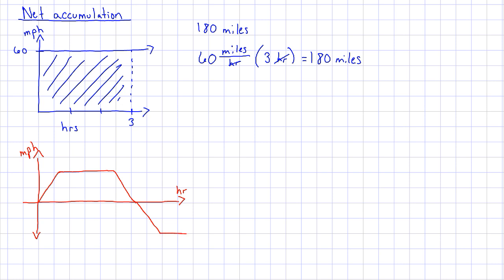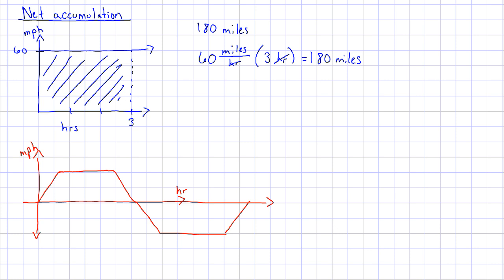So it would look like this. As my day progresses, my net accumulation actually ends up being 0, right? And I've drawn this a little bit poorly. I apologize that the areas are not exactly the same. But if these areas are exactly the same, then my net accumulation would be 0. I ended up where I started, which is at my home.